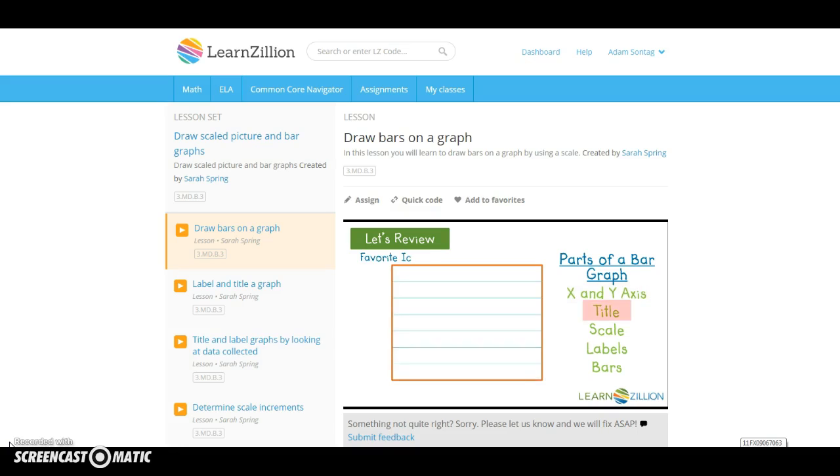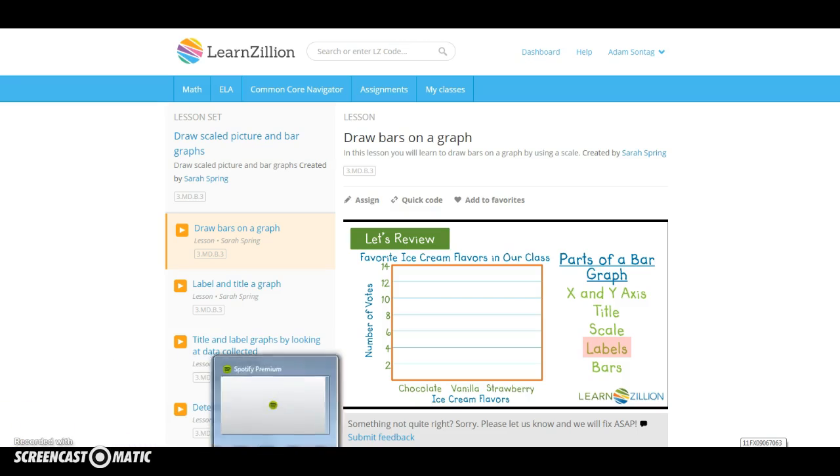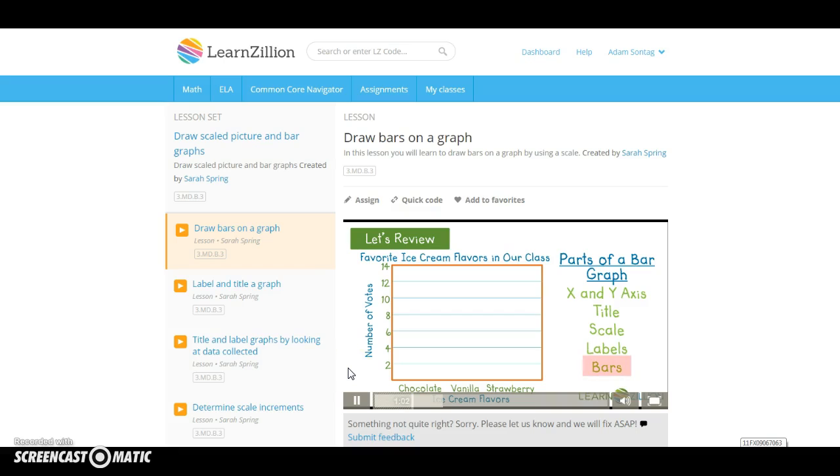A title, which in this case is Favorite Ice Cream Flavors in Our Class. A scale that can count up in a number of different increments. Labels for both the X and Y axis: number of votes, ice cream flavors, as well as category labels: chocolate, vanilla, strawberry. Finally, bars that represent the data collected.